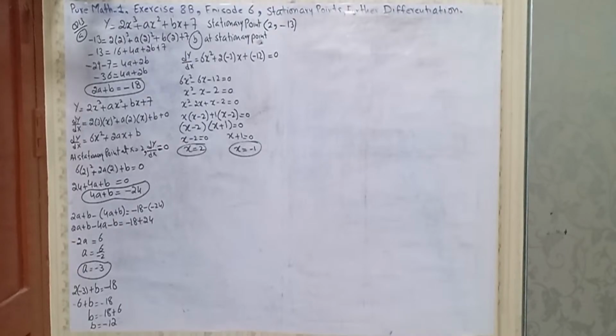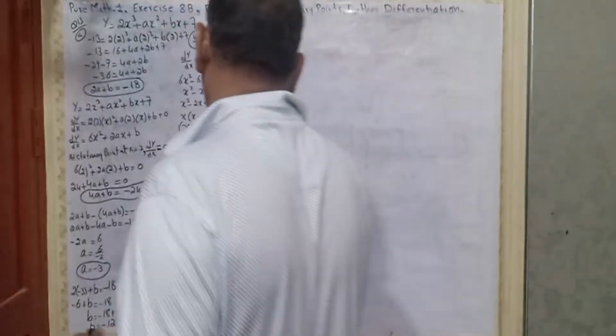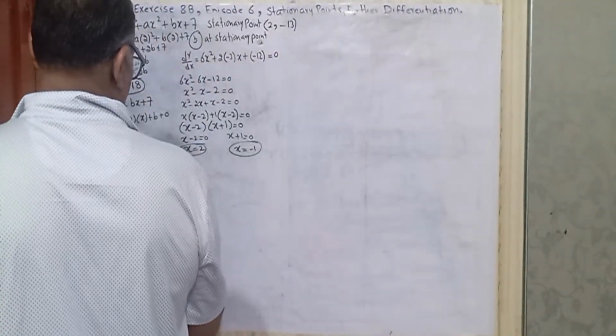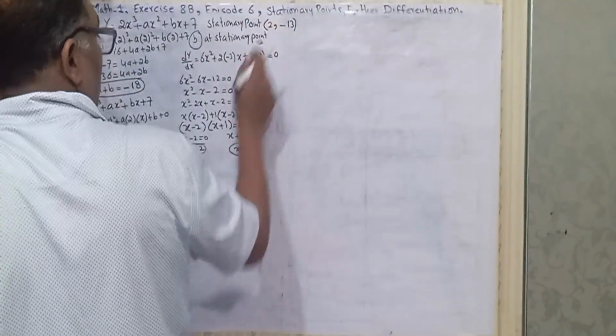Now because I want to find its y coordinate of the second stationary point, where the x value is minus 1, what I will do is in the original equation, I will put the value of a, the value of b, and the value of x as minus 1. For this, I am going to find the value of y.